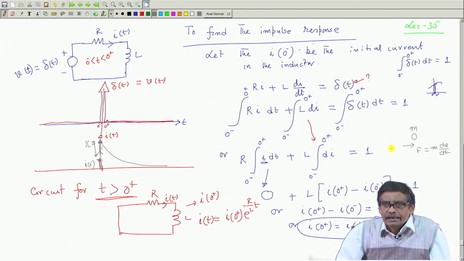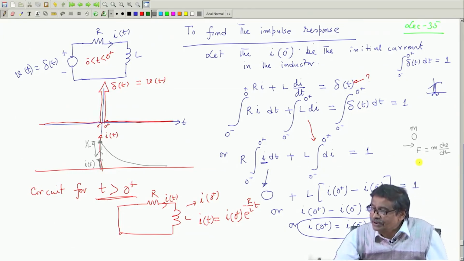So in mechanics also, velocity can change instantaneously, in practically no time, if the mass is subjected to an impulse force. What is the nature of the impulse force? The force is very large, contact time is very small, but f into delta t is finite.